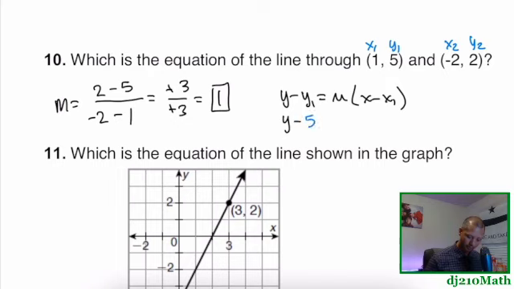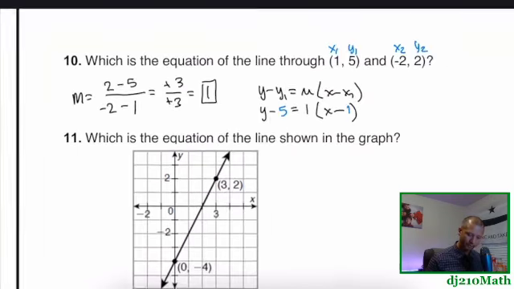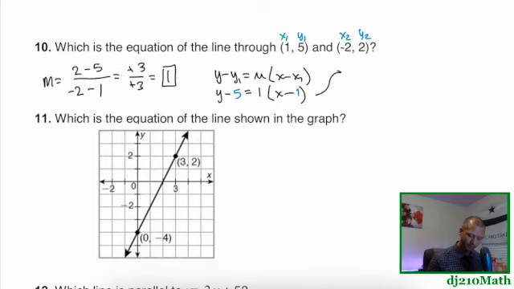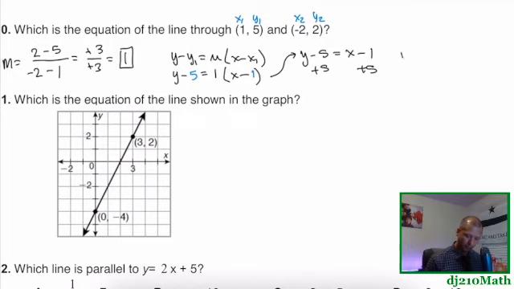So y minus 5 is equal to 1 times x minus x1, which in this case is 1. Simplifying, we get y minus 5 is equal to x minus 1, because 1 times anything is itself. Add 5 to both sides. Final answer, y is equal to x plus 4.